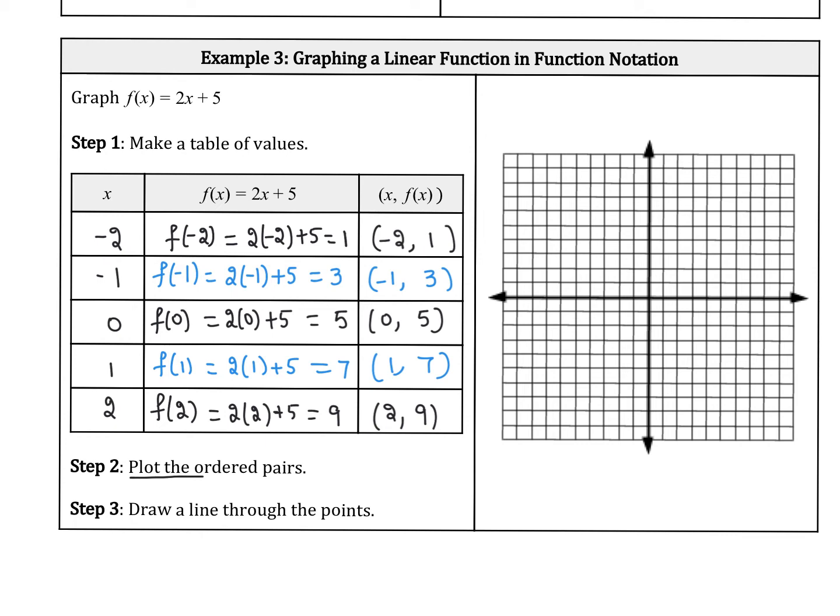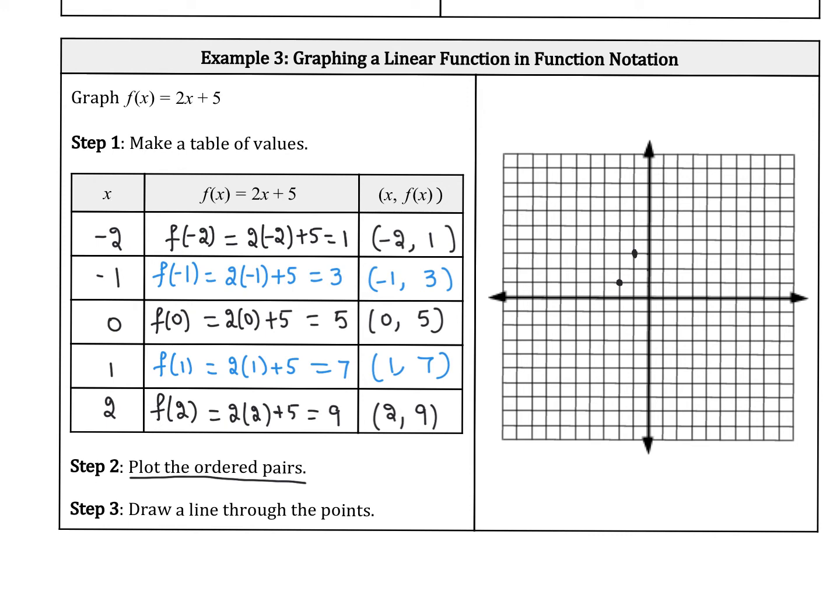Now we're going to plot these ordered pairs. So these are the points that we're going to plot on a graph. Our first point is -2, 1. -1, 3 is this point. 0, 5.